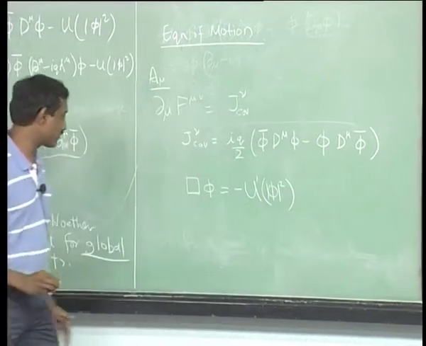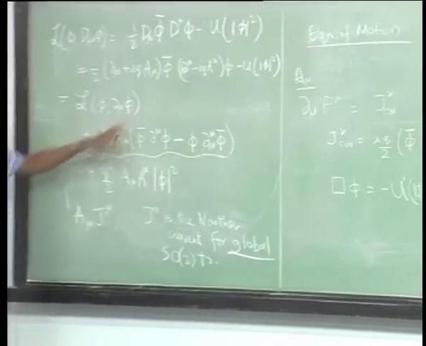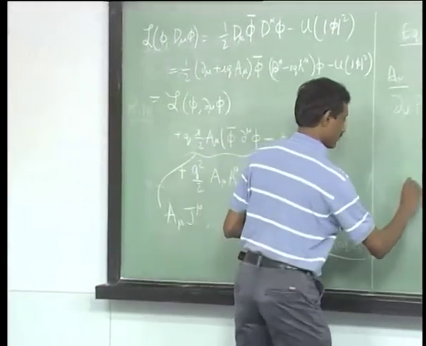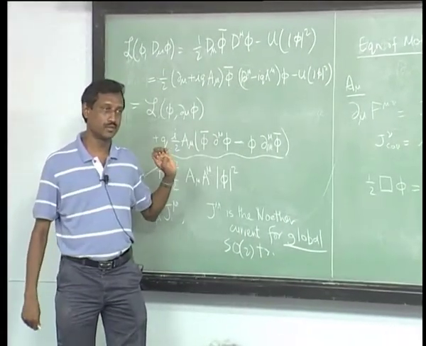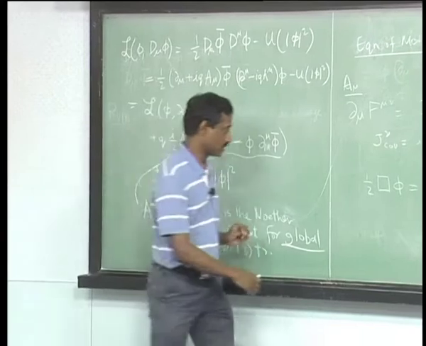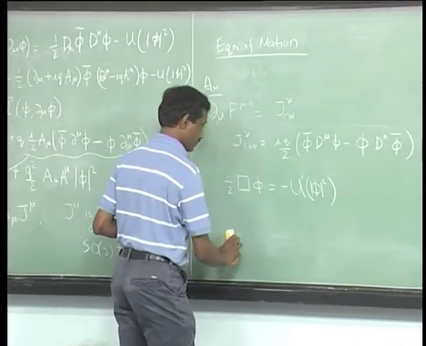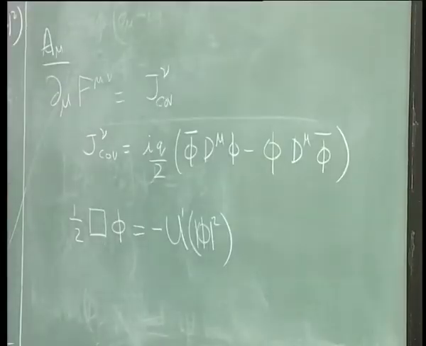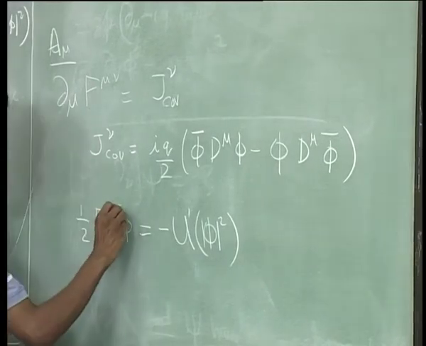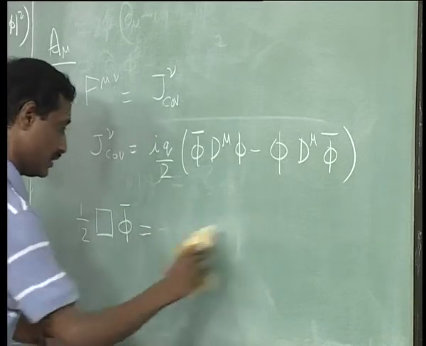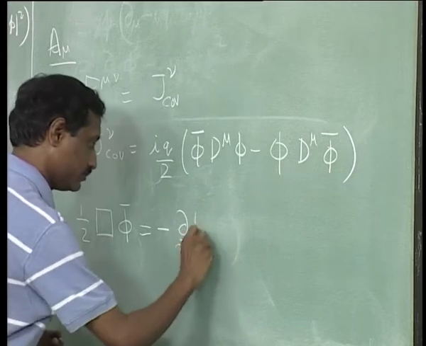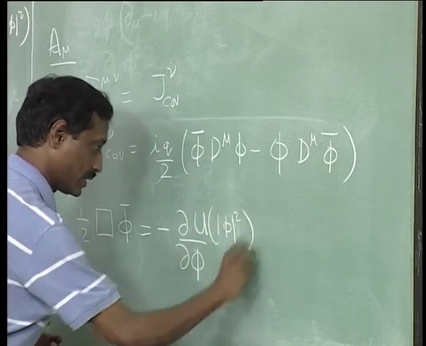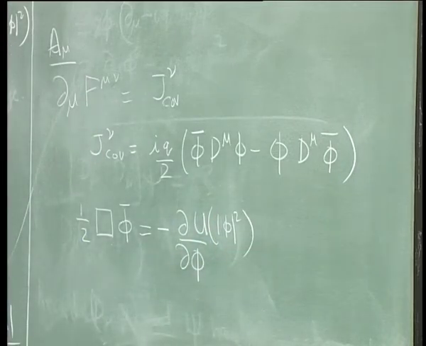Now, I was worrying about a factor of 2, because when I do this variation, this is what it would have been in the absence of the gauge field. But now, I think I am okay.